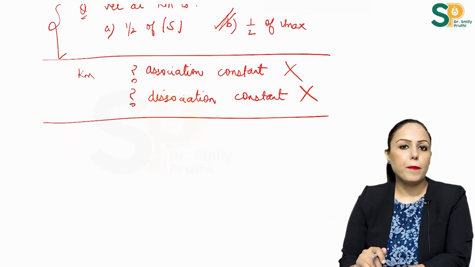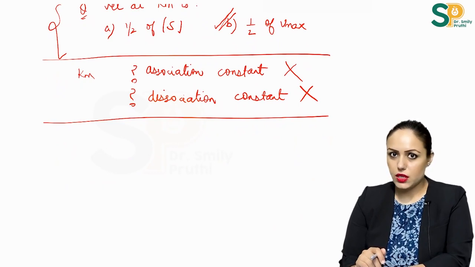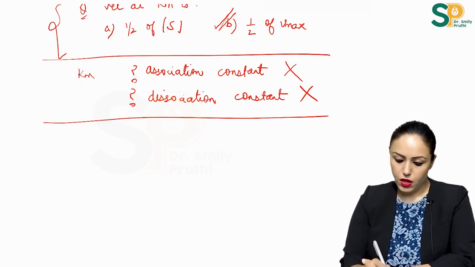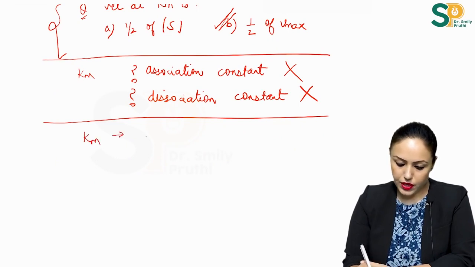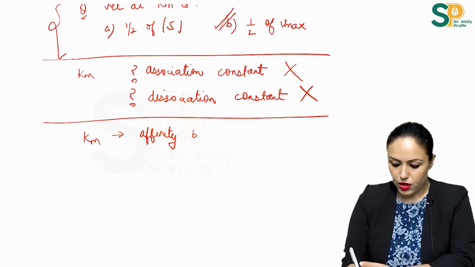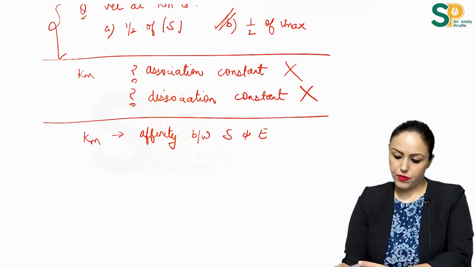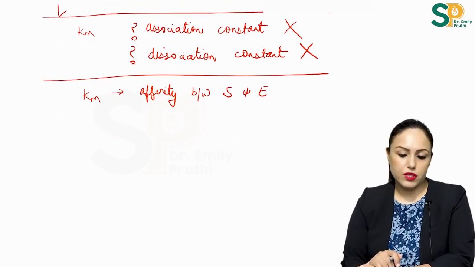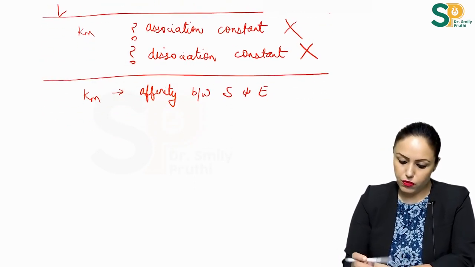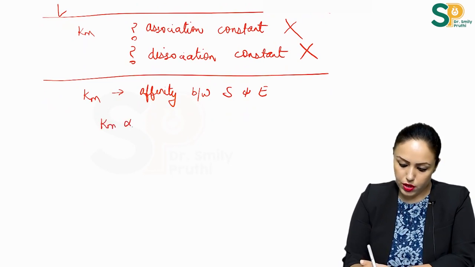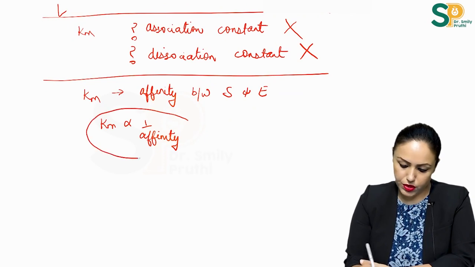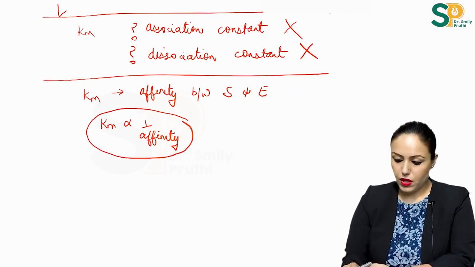It is just the Michaelis-Menten constant, right? Okay, next, Km tells the affinity. Km has a relationship with the affinity between substrate and enzyme, and they're inversely proportional. Km is inversely proportional to this affinity between substrate and enzyme.